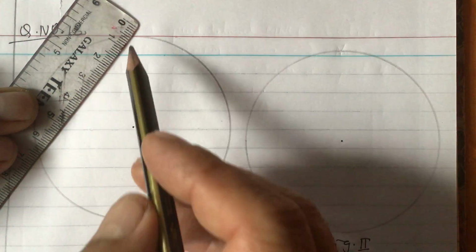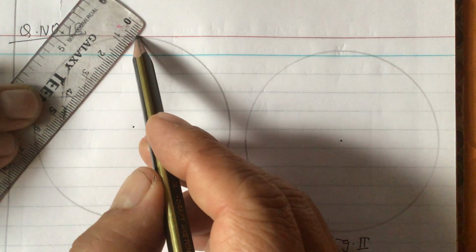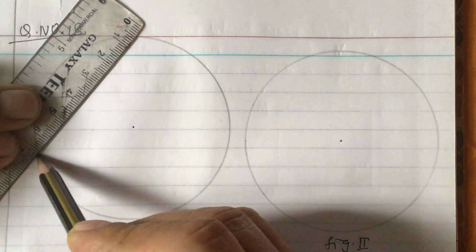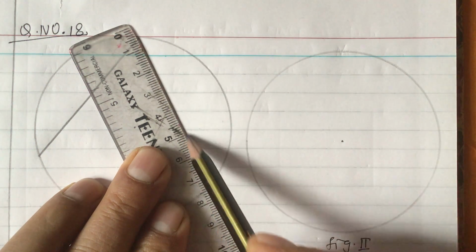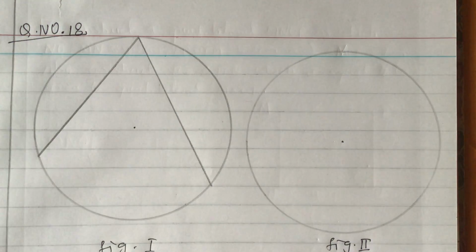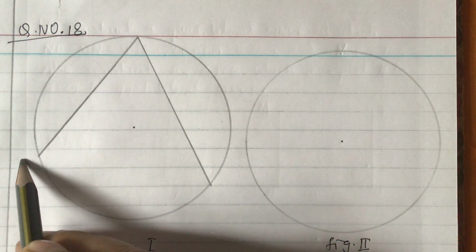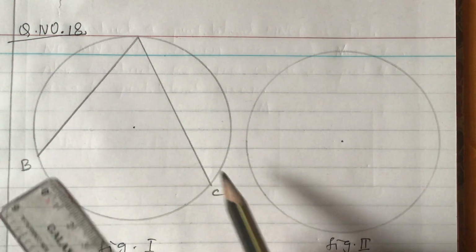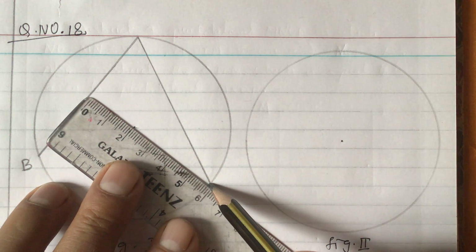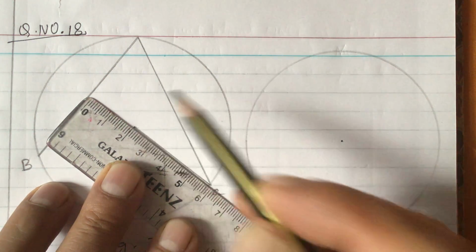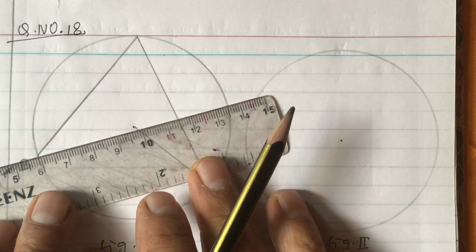So to make inscribed angle, we can draw like this. This is inscribed angle standing on arc BD, and this is center C. So let us join at the center also, so that you will get central angle like this.